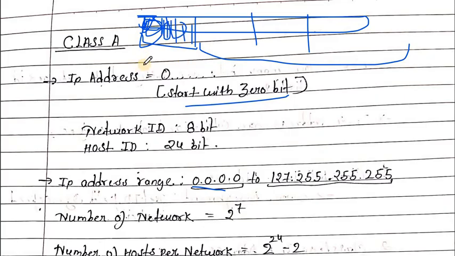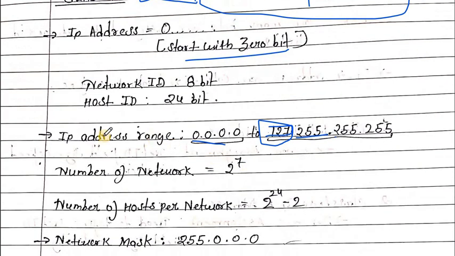So there are 7 bits, and the sum of 7 bits is 127. The first 8-bit block is 127 and the remaining blocks of 8 bits have maximum value 255. So this is the range of class A.